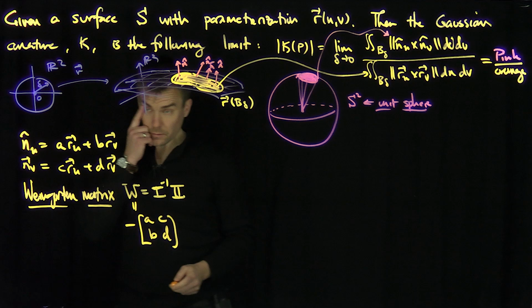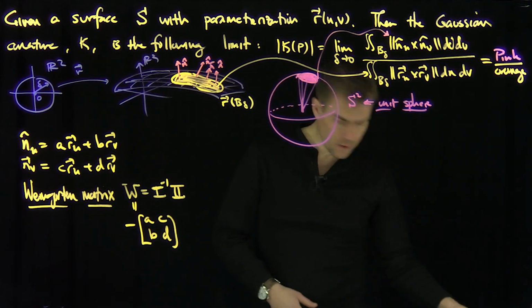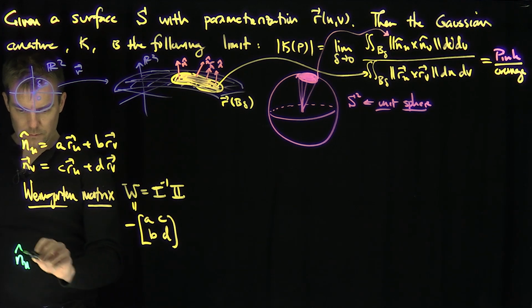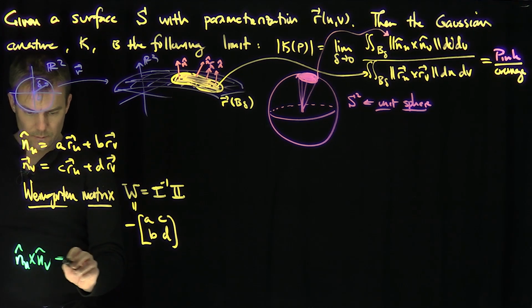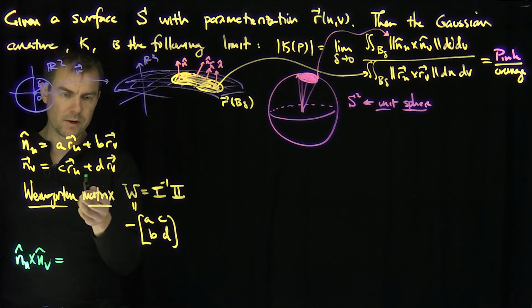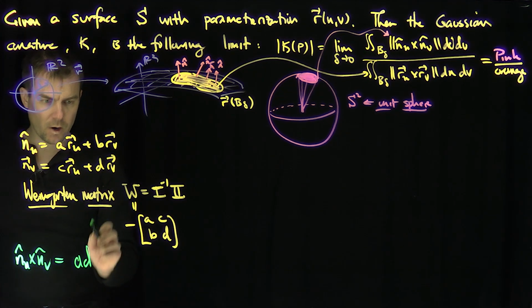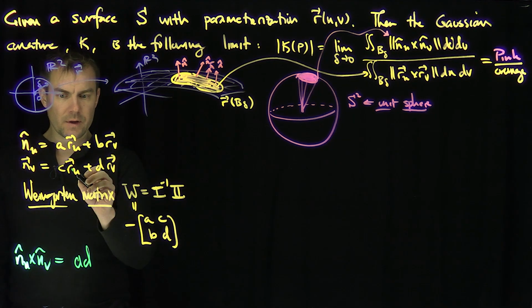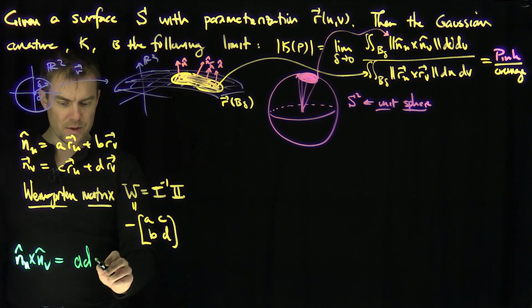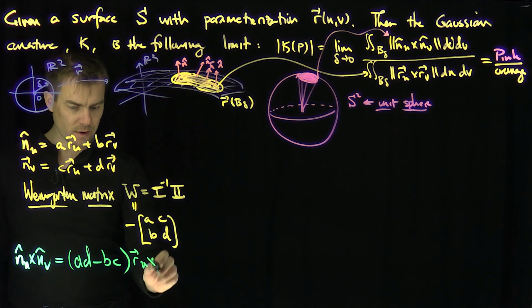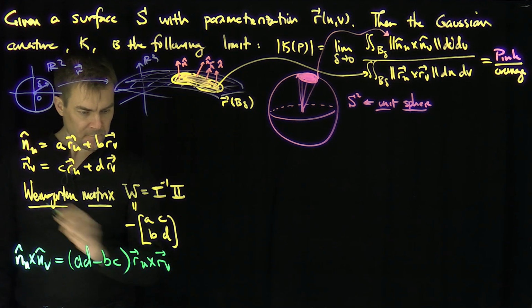And so now, what is N_U cross N_V? Well, R_U cross R_U is 0, and R_U cross R_V gives us an AD R_U cross R_V term, and then a negative BC R_U cross R_V term.